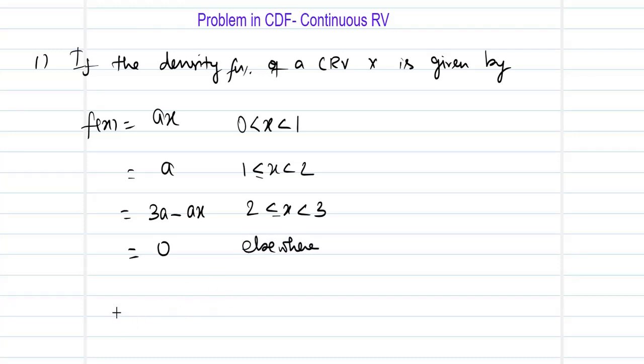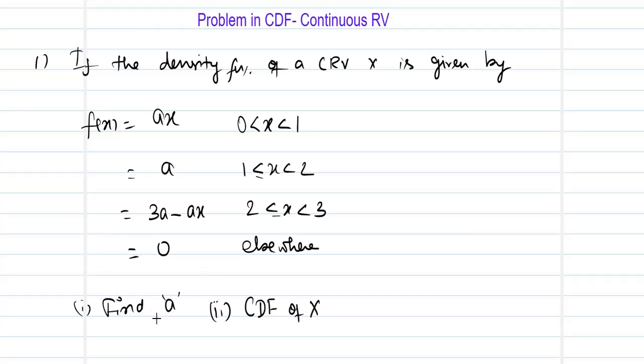Then we will have to find the value of a, which appears in the question, and the second subdivision is to find the cumulative distribution function of the random variable x.